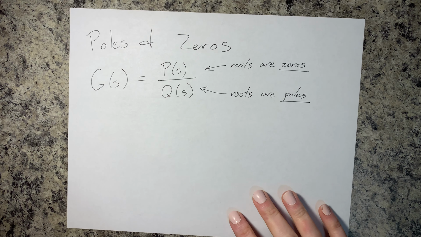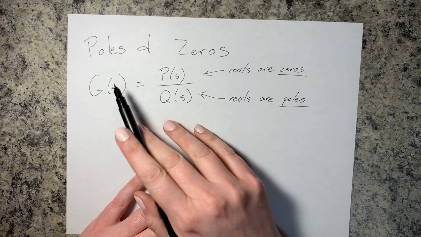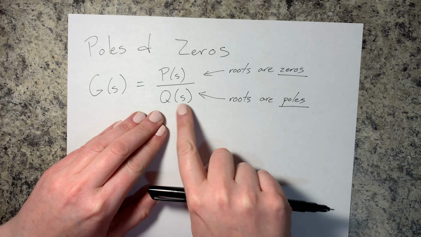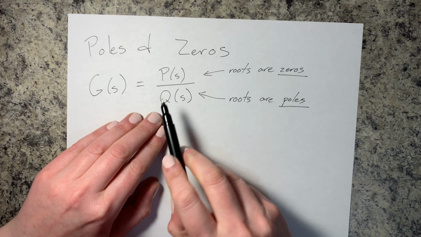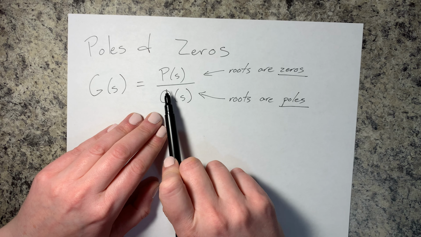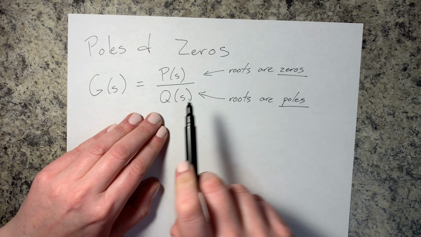So if we're talking about poles and zeros, poles are the roots of the polynomial on the bottom of the transfer function, the polynomial in the denominator, which we label q, and zeros are the roots of the polynomial on the numerator, the one we label p.